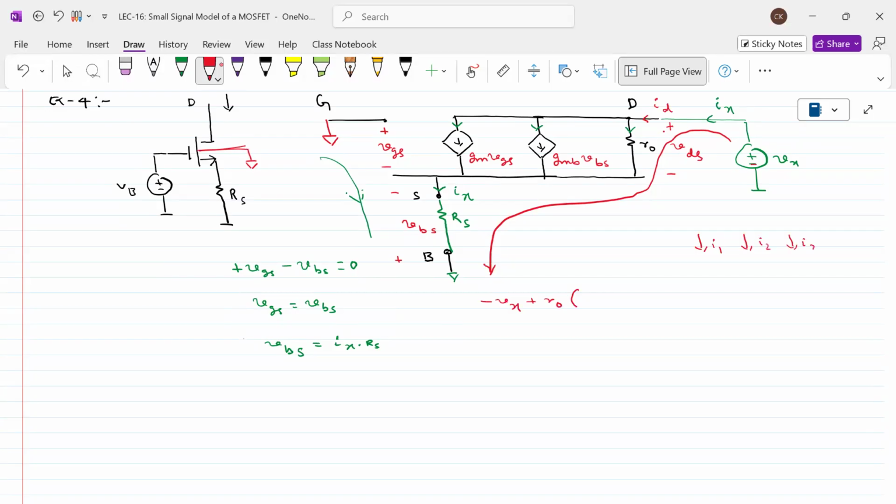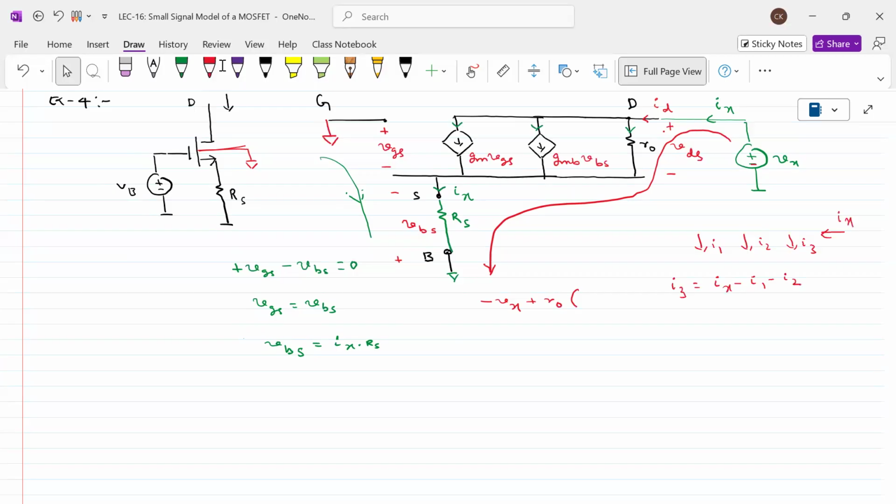I want to calculate I3, but all of this is coming from Ix. What is the value of I3 then? I3 is Ix minus I1 minus I2. Right or not?